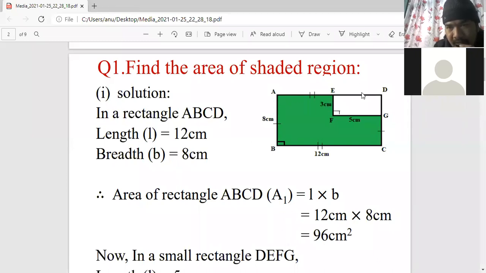And from the big rectangle, if we subtract the small rectangle, then we will get the area of the shaded region. Okay, are you clear, children? When we subtract the area of the small rectangle from the area of the bigger rectangle, you will get the area of the shaded region.